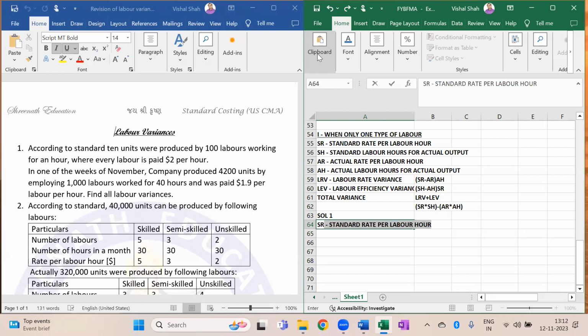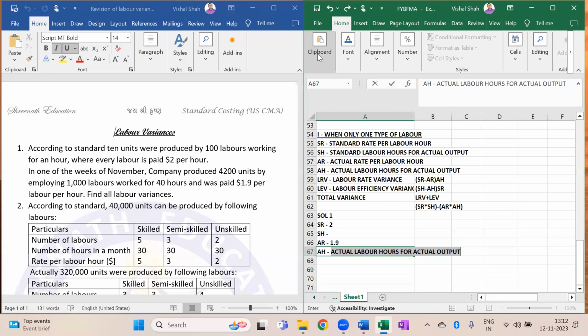SR, as per standard, you are supposed to pay 2 per hour. SH, you need to find out. AR, it is given 1.9 per labor hour. And AH, we need to find. It is 1,000 labors into 40.